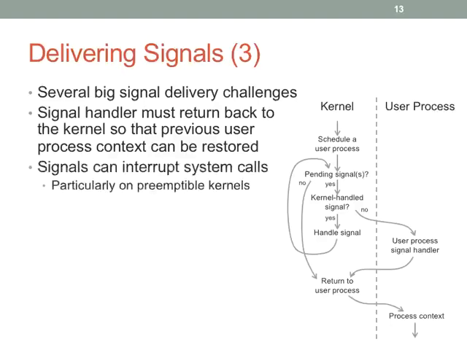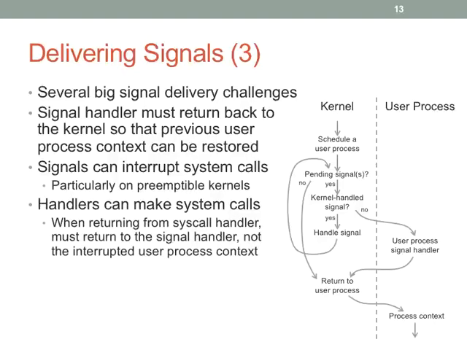We need to ask the kernel to do that for us. Also, signals on preemptible kernels need to be able to interrupt system calls. So you're in your read operation, you're in your write operation, the process is blocked or whatever. You need to be able to interrupt that. So the signal delivery mechanism needs to be able to interrupt a system call.